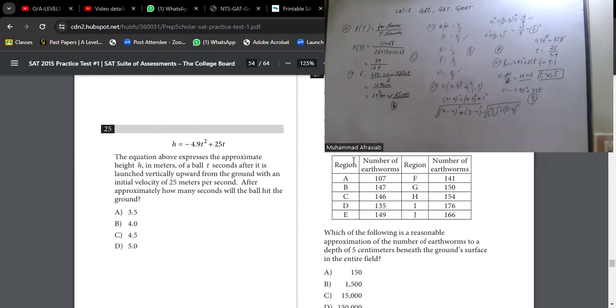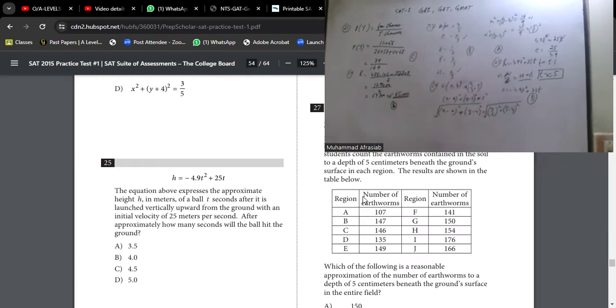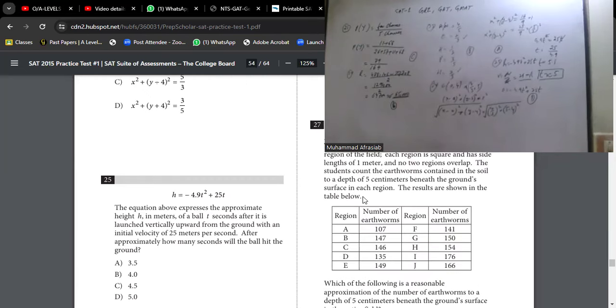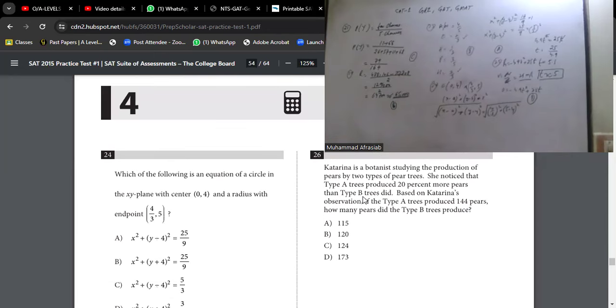Now question number 26. Katrina is a botanist studying the production of pears for two types of pear trees.